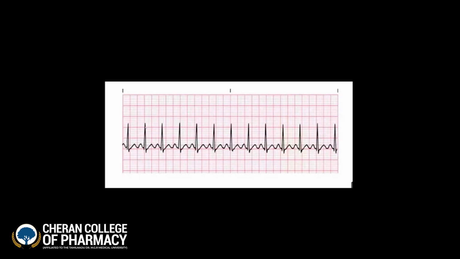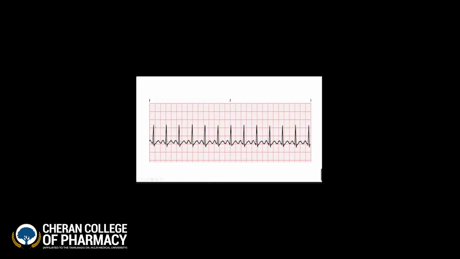So how many small squares gap is there? See this. One. Here total five small squares. 1 plus 5 is 6. 6 plus 5 is 11. So 1500 divided by 11.